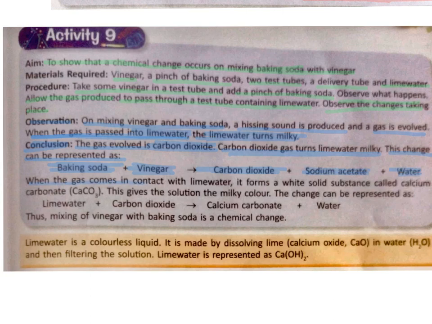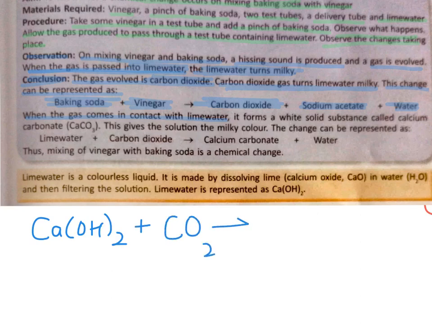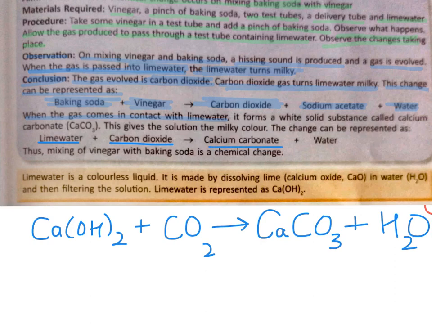When this carbon dioxide comes in contact with lime water, that is Ca(OH)2, calcium hydroxide, it reacts with carbon dioxide and produces calcium carbonate along with water. So look here, lime water reacts with carbon dioxide, produces calcium carbonate and water.